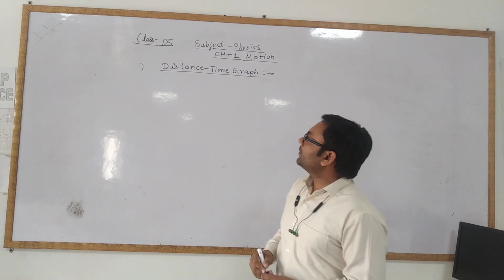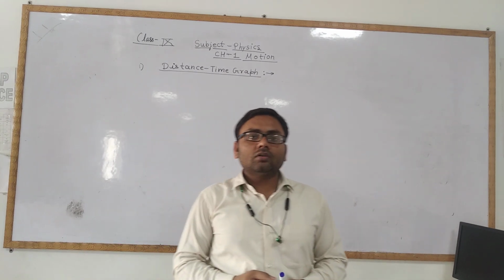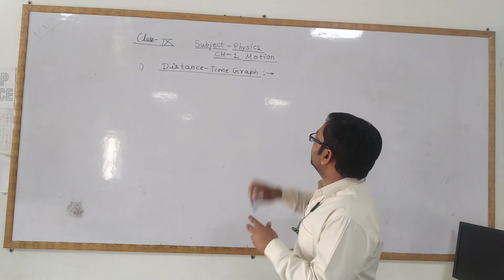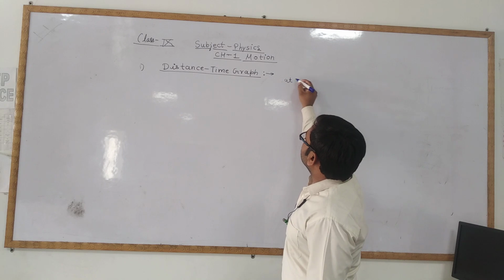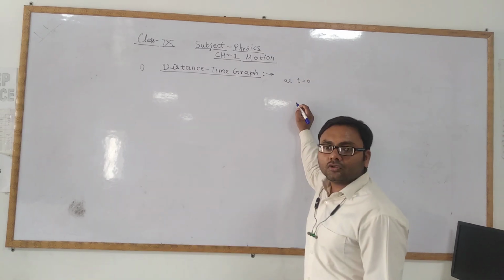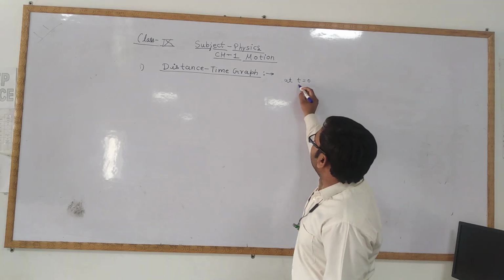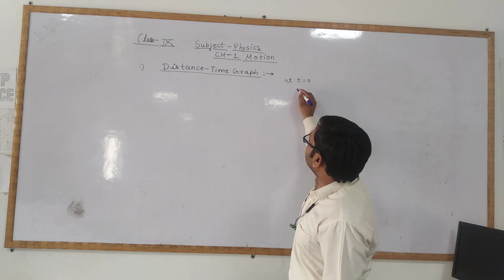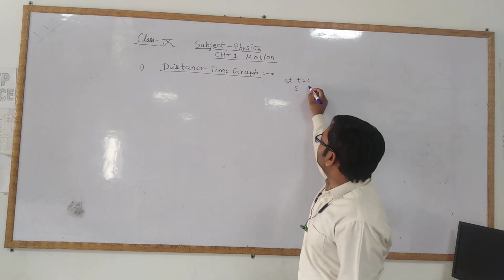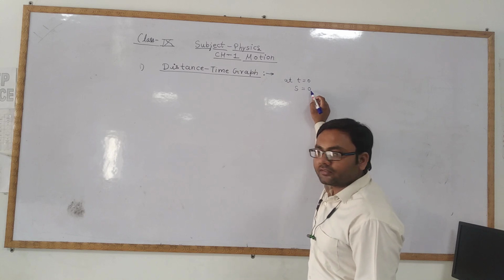So we will see here as the object moves, it changes its position. For example, suppose at time t equals 0, when we start observing the motion of an object, the displacement s is equal to 0. That means the object is initially at rest.